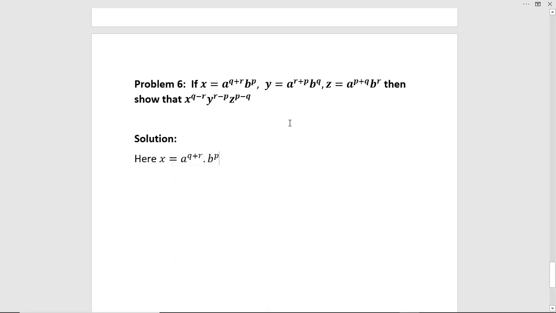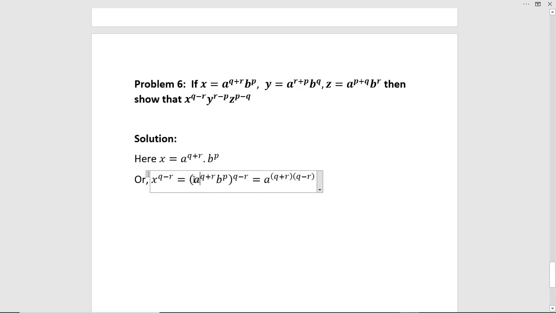And here x equals a to the power q plus r into b to the power p, so we can write x to the power q minus r equals a to the power q plus r, b to the power p, whole to the power q minus r. We have taken the power q minus r on both sides of the expression.